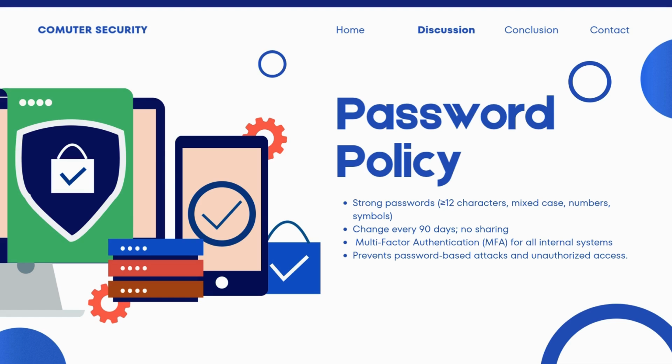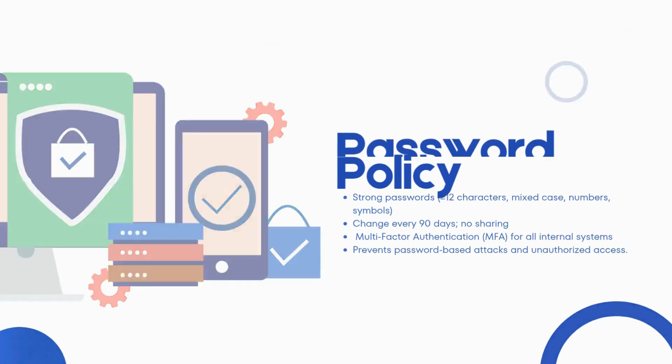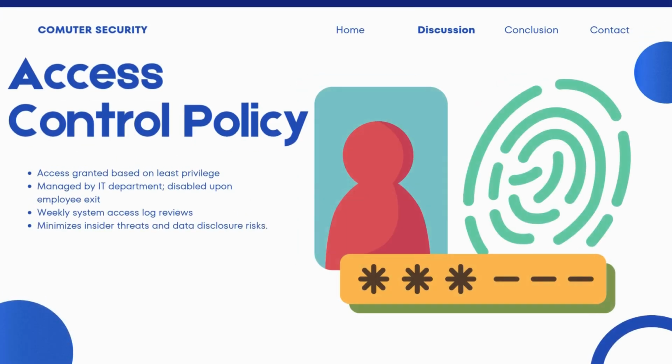Next, I will pass the slide to my friend Sivagami. Now I'll be talking about access control policy. Access to the system at Sunrise Community Bank is based on the principle of least privilege. This means each employee is only given the minimum level of access needed to perform their job. The IT department is responsible for assigning and removing the access rights.